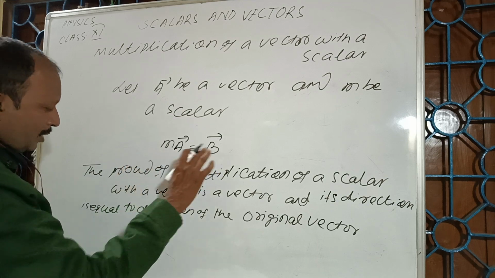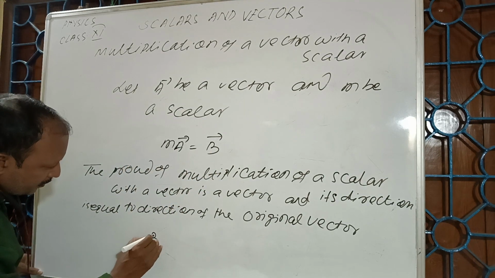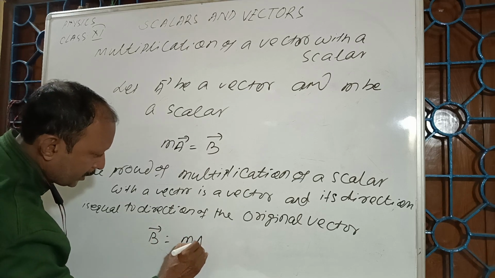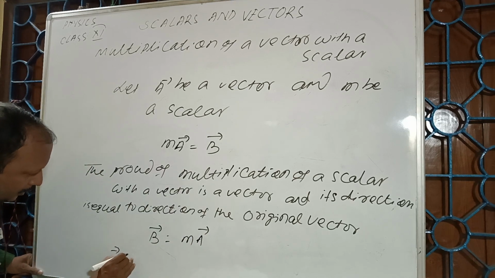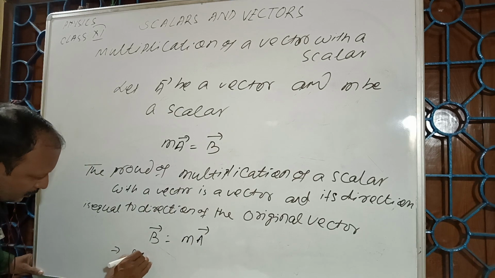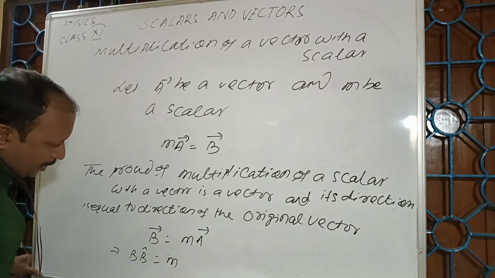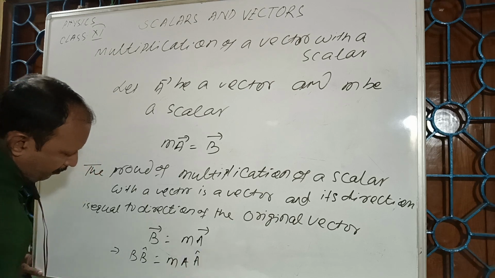Now I can write, suppose I am writing this vector B is equal to scalar M and vector A. I can write it this way. This is the magnitude, this is the direction. So here I can write A cap.